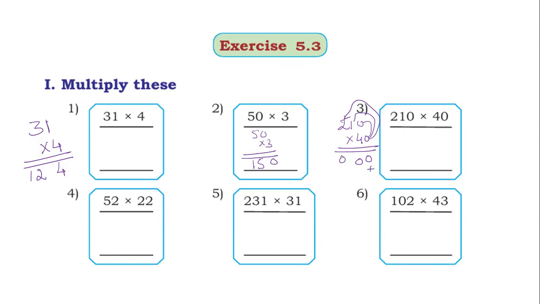Plus 4 into 0 is 0. 4 into 1 is 4. 4 into 2 is 8. Add all these. 0 plus 0 is 0. 0 plus 4 is 4. 8. The answer is 8,400.